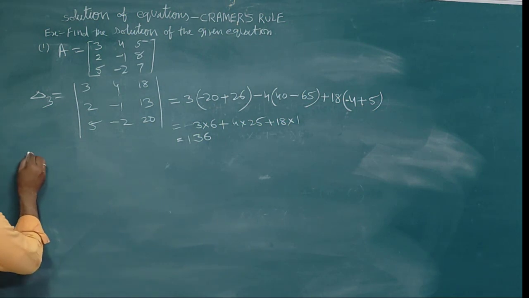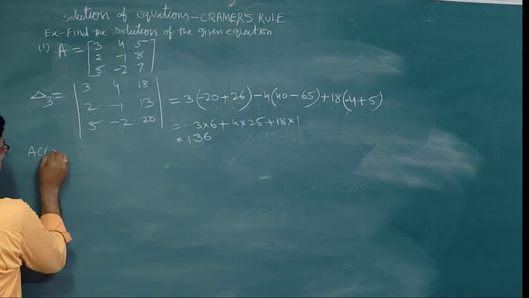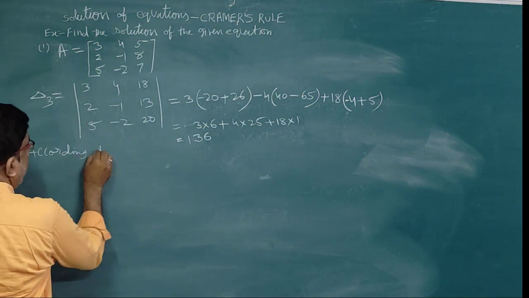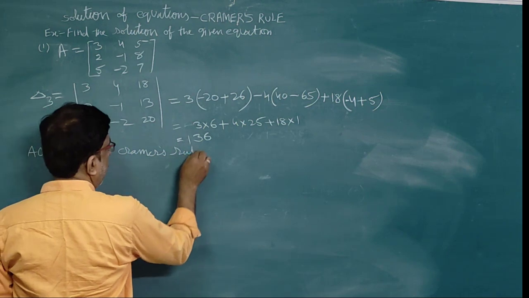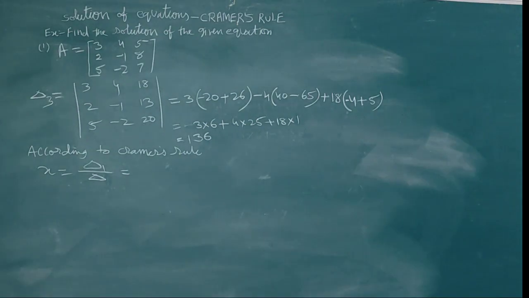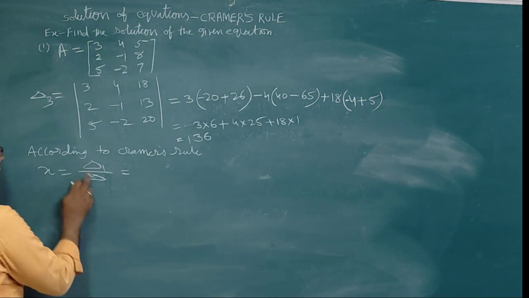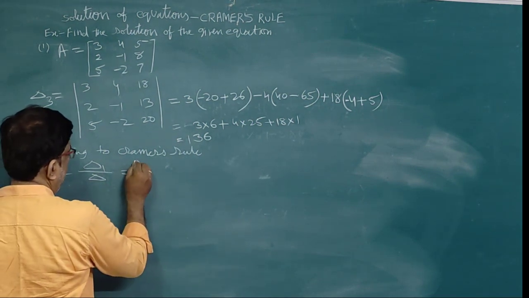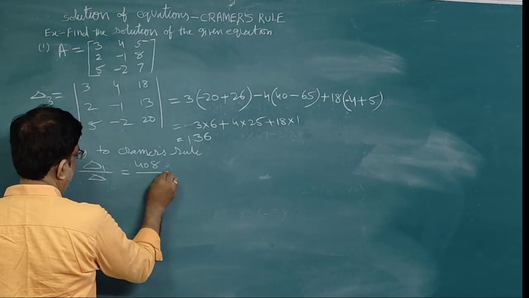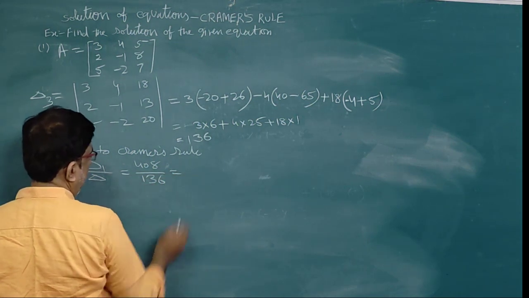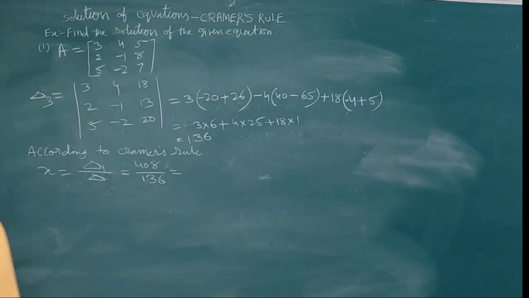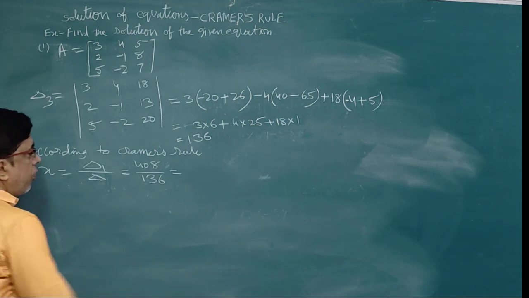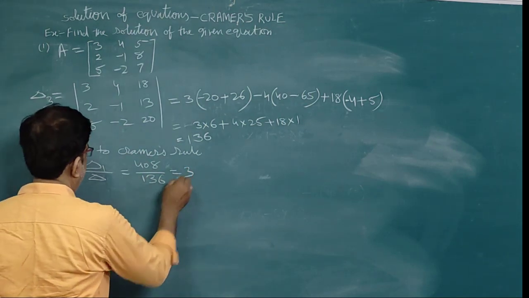Now we have to find x according to Cramer's rule. What does it say? According to Cramer's rule, x is equal to delta 1 by delta. Delta 1, how much did you get? You got 408 by 136. So 408 by 136 goes 3 times.